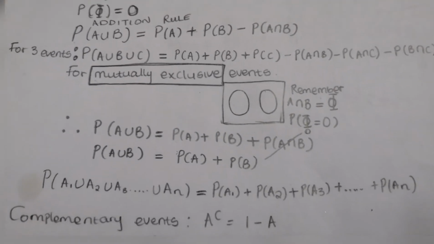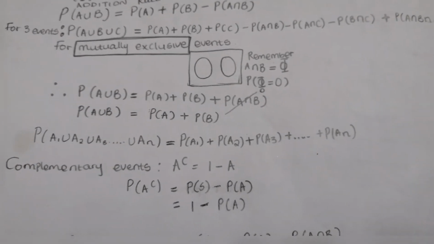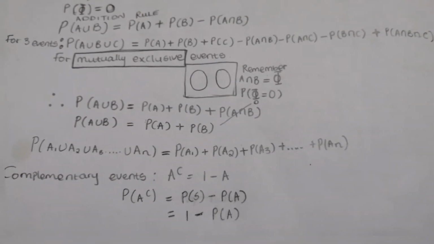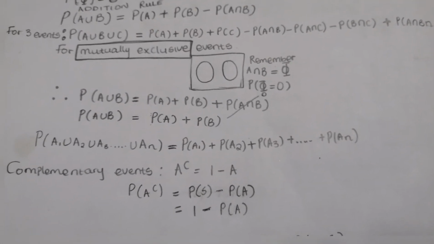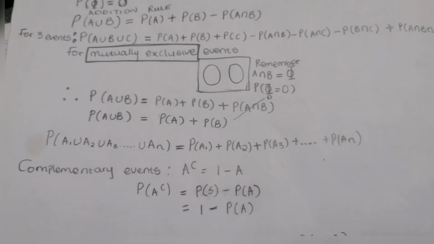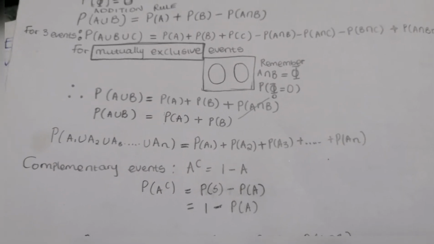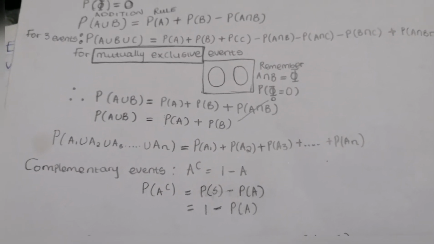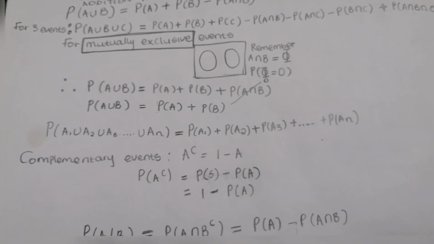So now let's look at the addition rule. The addition rule says that the probability of A union B equals the probability of A plus the probability of B minus the probability of A intersect B, right?